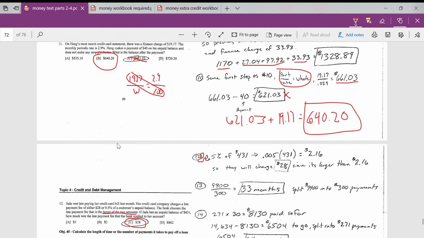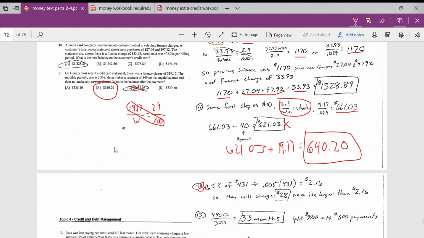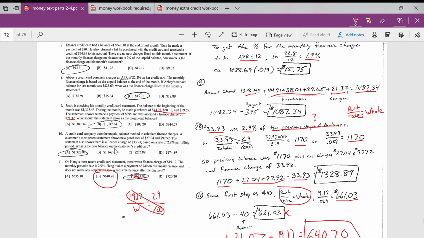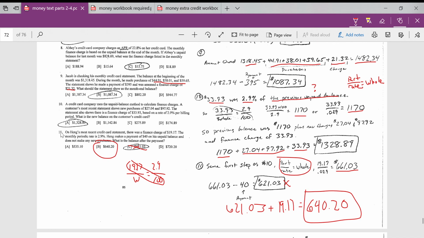Okay. So there's the 6 problems for objective 44. Again, there was a little mistake here on number 11, so make sure you keep track of that and what the answer actually should be there.